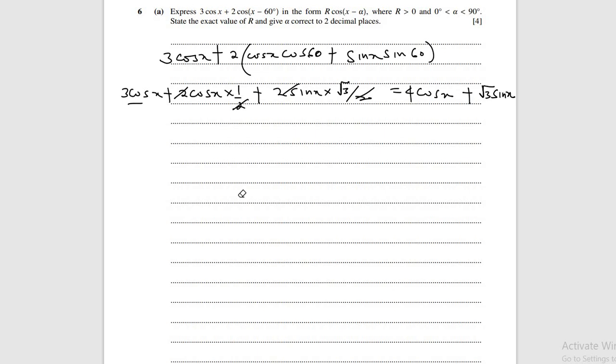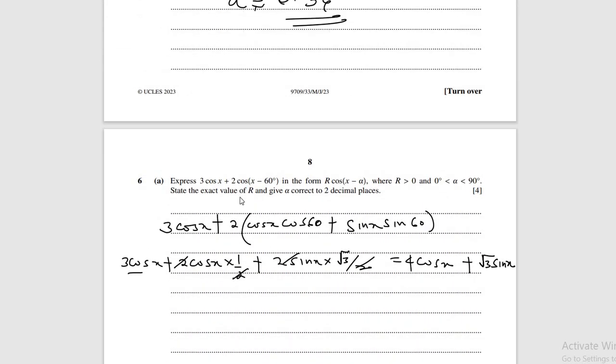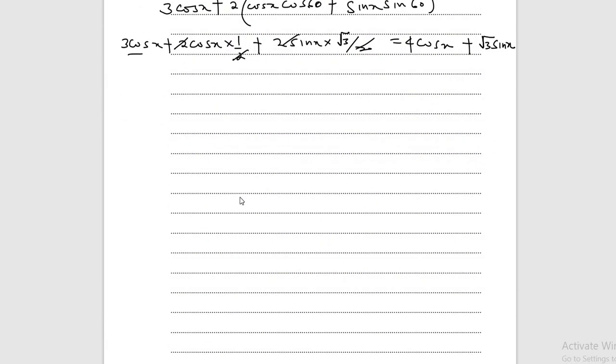That's it for this expression. But the question asks us to do it in form of r cos x minus alpha. So let's express 4 cos x plus root 3 sin x in form of r into bracket cos x minus alpha.